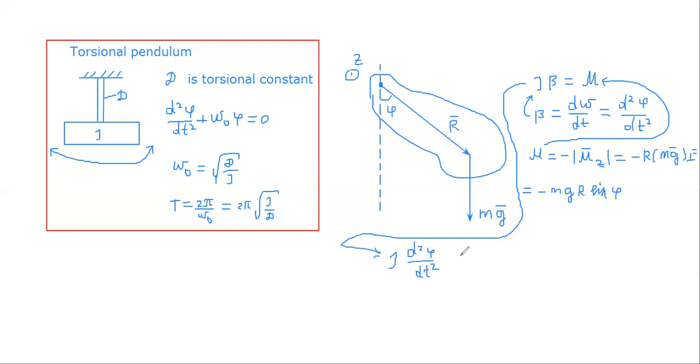and this is equal to minus m g, where g is the acceleration of free fall, multiplied by sine phi.